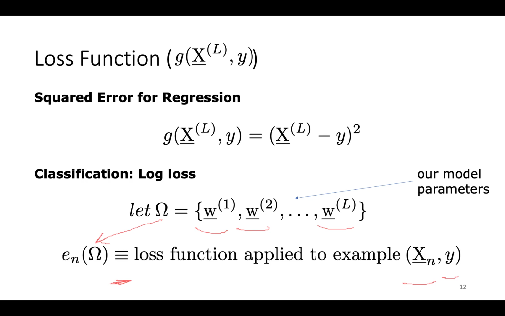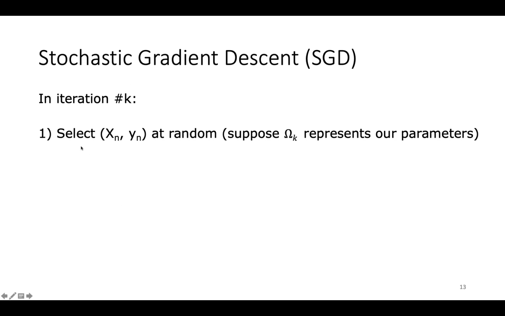Let's plug this notion into our stochastic gradient descent that we talked about some lectures ago. Say in iteration number k, we select one input data point at random, x of n with its own y of n. And suppose omega k represents our parameters at that specific time in the model. That neural net had its own set of weights: weight 0, W1, up to WL.